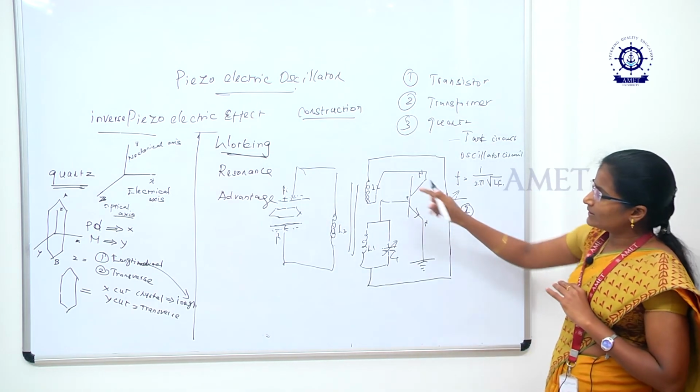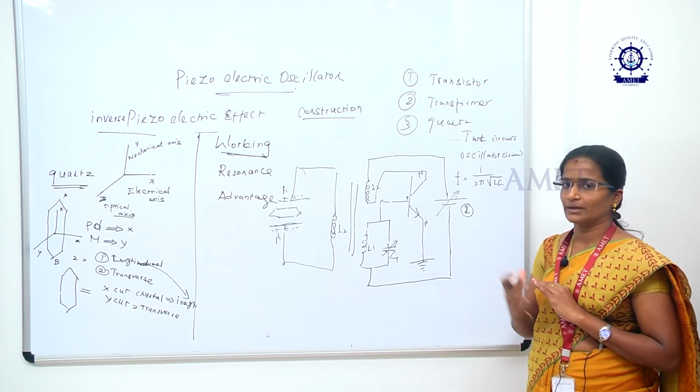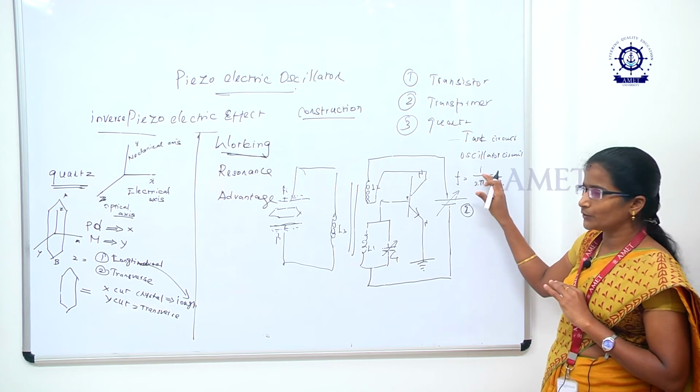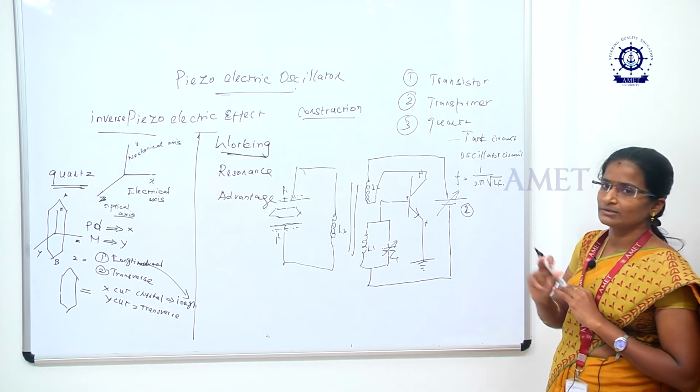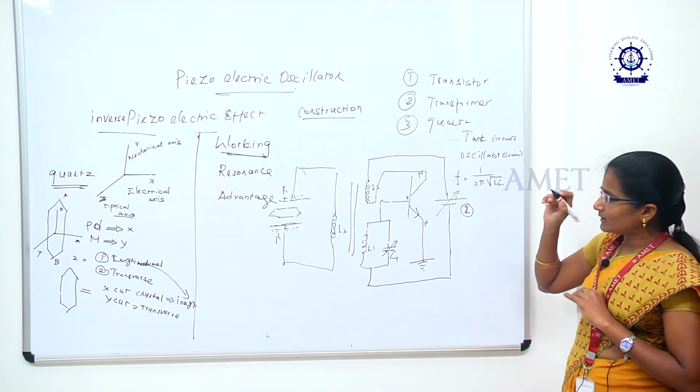Then, what is the resonant condition? We continuously adjust the value of the capacitor, the frequency is produced, and we calculate the frequency value according to the value of the capacitor. What is the resonant condition?